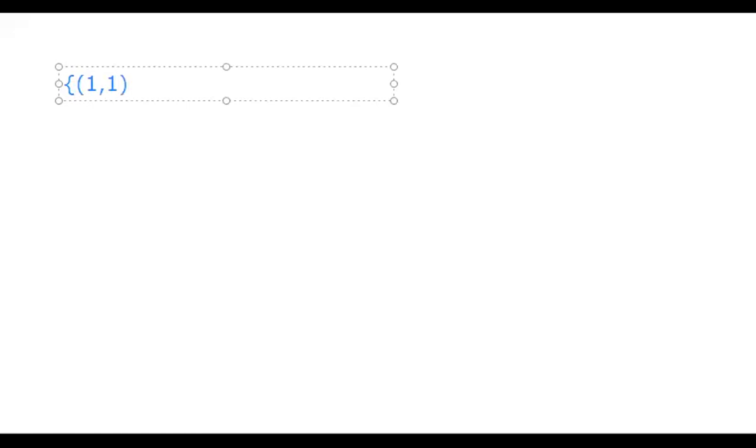This is the first element of the Cartesian product, and this one is the second element.